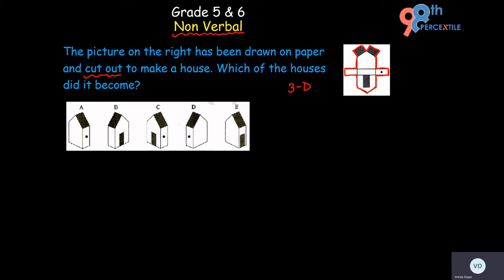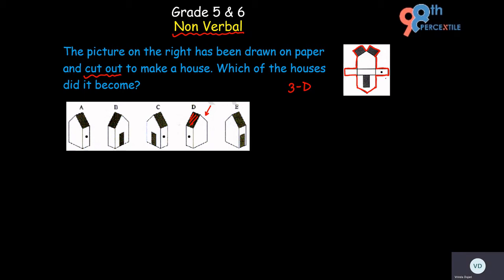So if we see any of these options, let's say option D, this is the roof which is black, and if we see from this side, we will see the other side of the roof which will be also in black color. Now the question is that what about this black dot? On which side we will see this black dot?